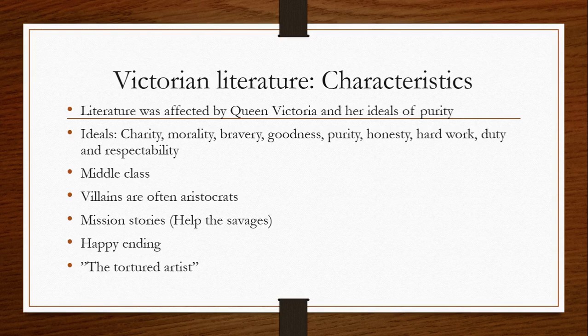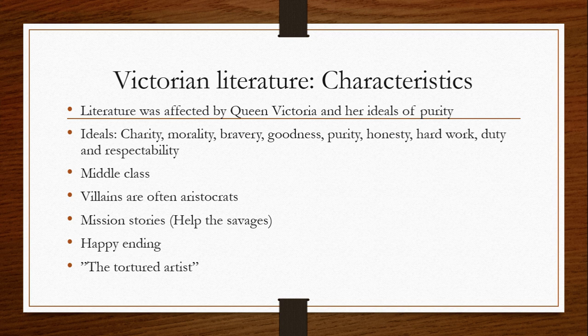We also have mission stories, and this is sort of influenced by the colonies and the church's mission to sort of make them Christian, basically. So a lot of the mission stories are about helping the poor savages in the colonies, trying to civilize them.